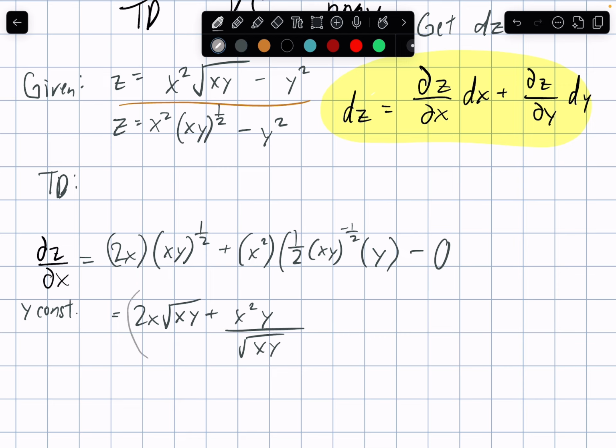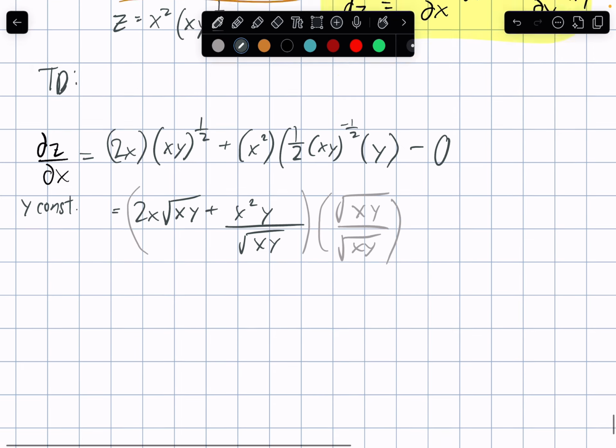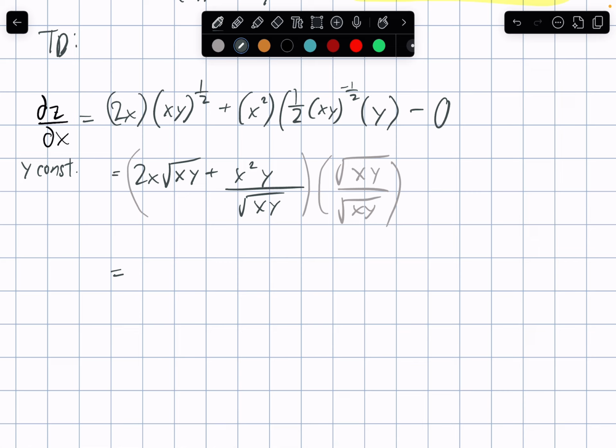At this point, we can rationalize. So 2 times xy. Multiplying these two makes them squared, so you can basically remove the radical sign at that point. Okay.